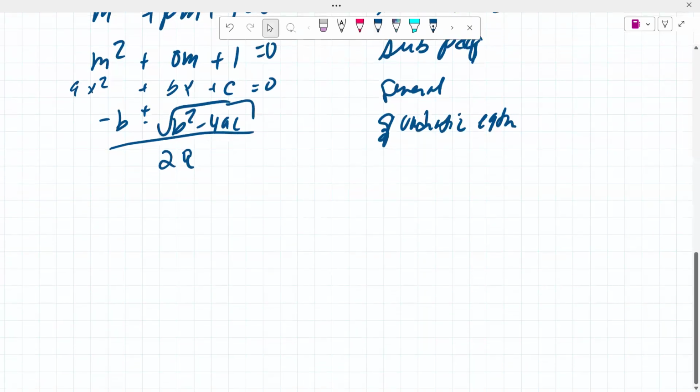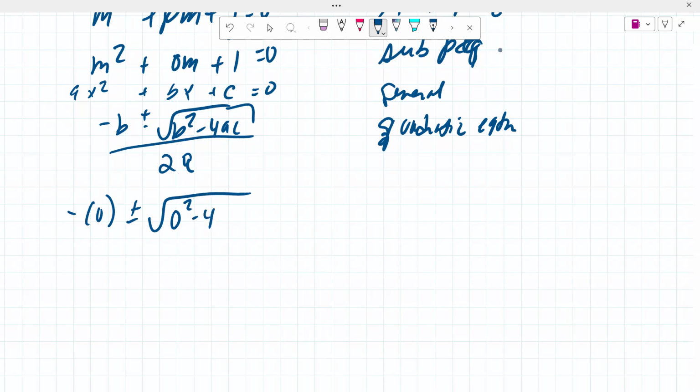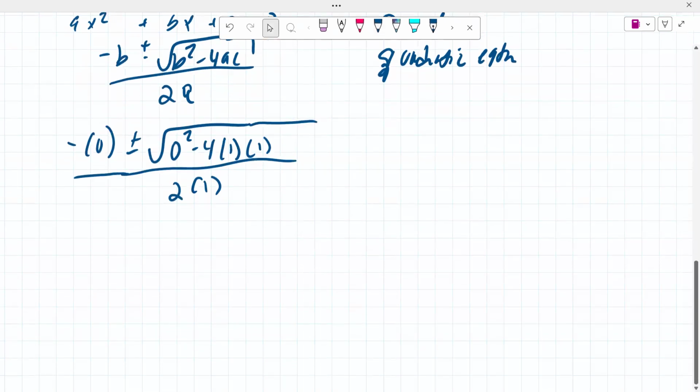And now we can substitute in. So let's see, negative 0 plus or minus the root of, what's b squared? 0 squared minus 4 times a, which is 1 by definition because we made it that way, and c is also going to be 1, all over 2 times a. So a is 1. Now we're going to simplify this.